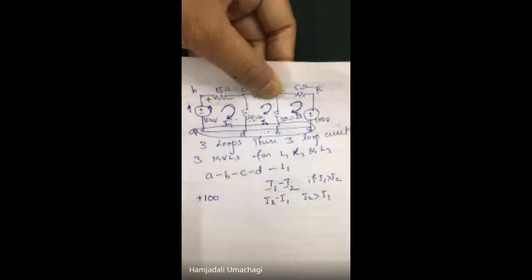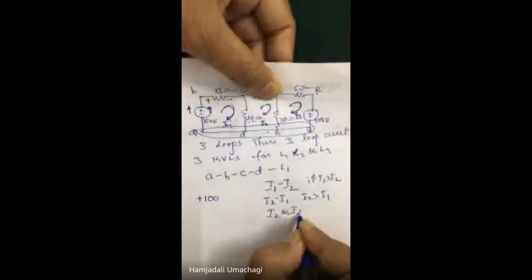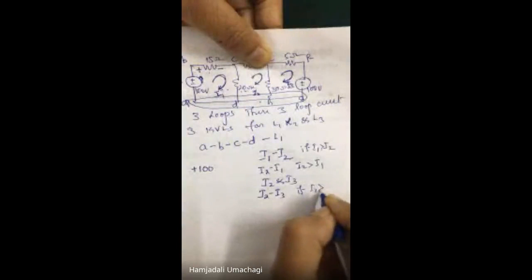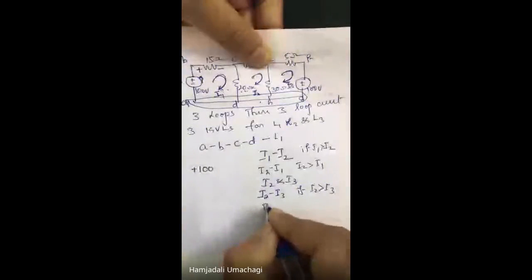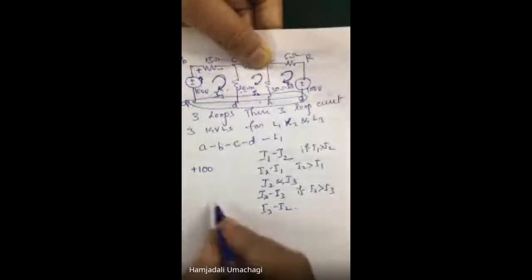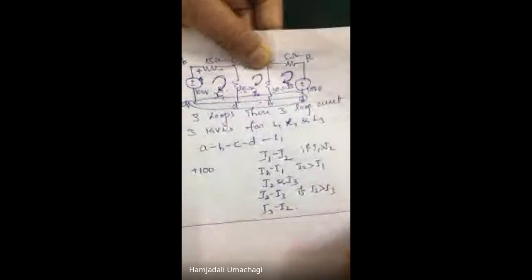Ma'am, how much is it? I2 minus I3, ma'am. Yes, I2 and I3. This is I2 minus I3 if I2 is greater than I3, otherwise it is I3 minus I2. Correct?